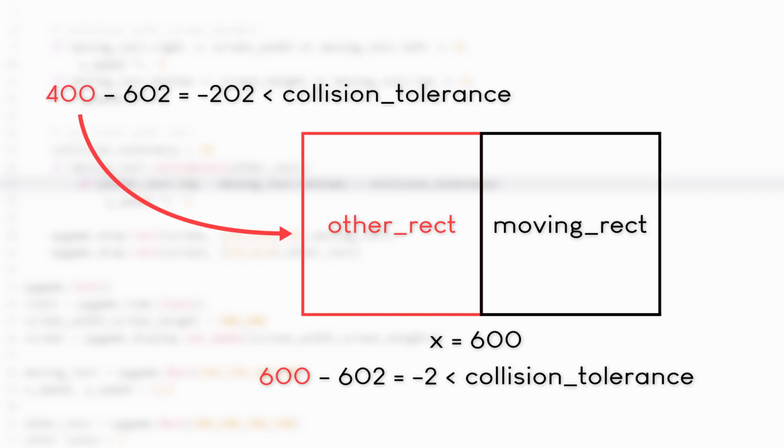So it would also check the left side of the other rectangle, and this one would be 400. And if we subtract 602 from 400, we would end up with -202, which would also be smaller than 10. So if we don't take the absolute value, both of these if statements would trigger, which obviously we don't want. But if we take the absolute value, 400 minus 602 would be 202, and the collision would not be triggered. So this is why we need absolute values here.